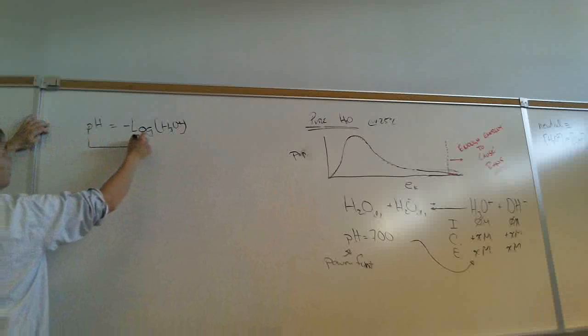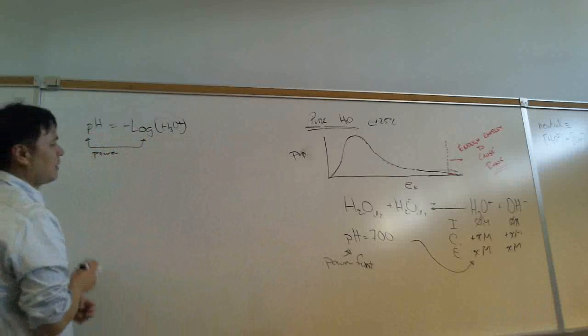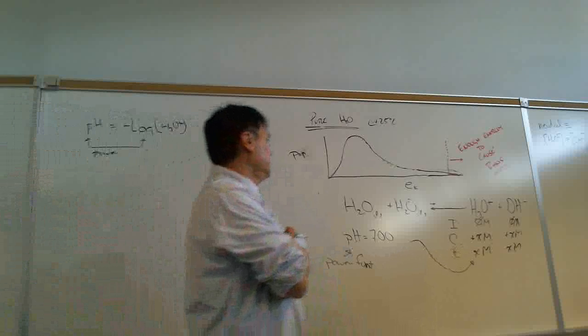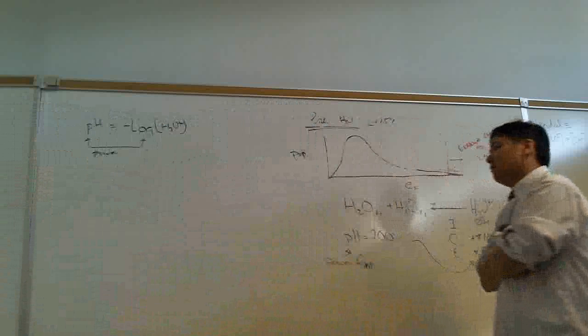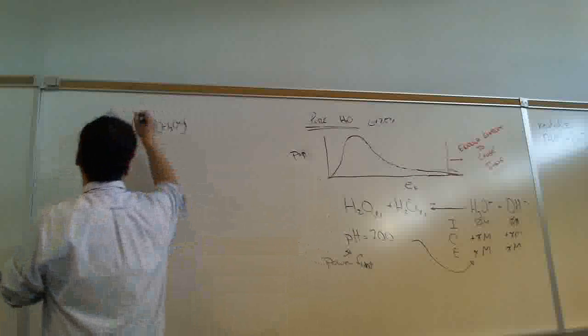And so this is what the power function is. Okay? But it's really not the power function. It's a negative power function, we should say, because of that inverse relationship. This is negative here.